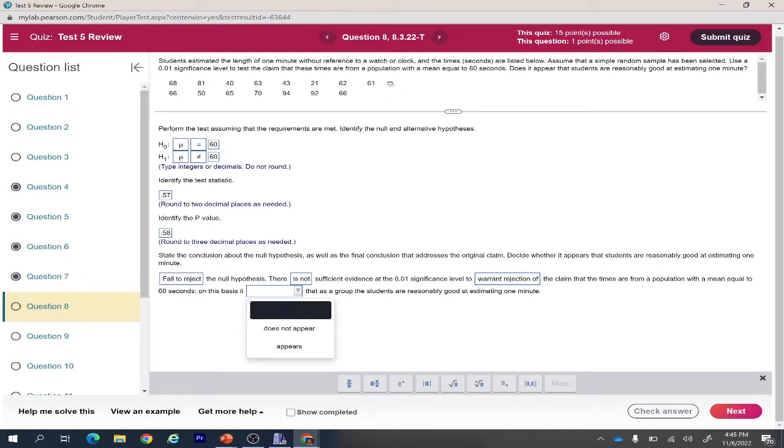It appears that as a group, the students are reasonably good at estimating 1 minute.